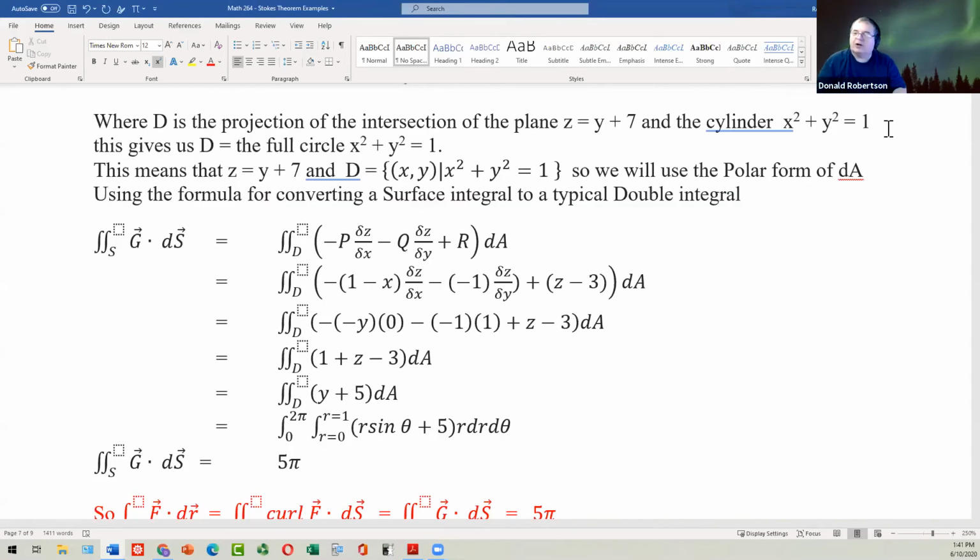Now I can visualize that. That would be an ellipse, wouldn't it? Right, the C. Take a cylinder and cut it at an angle. Look at the intersection. That would be an ellipse, right? The C would be an ellipse. If you take an ellipse and then you project it down onto the floor, that's the D that we need to find. Whew. Okay, so what does that D look like?